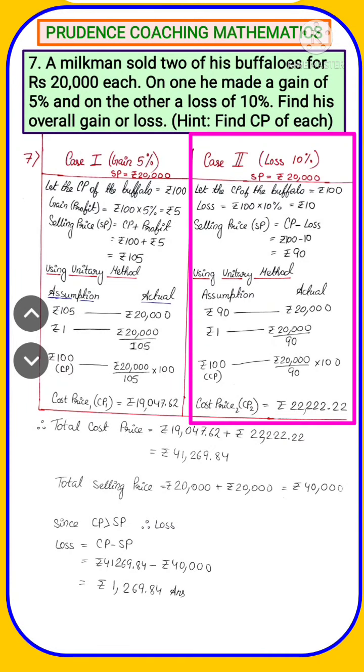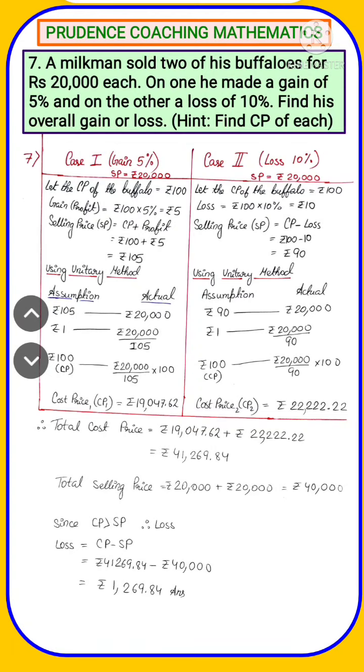So here, as you can see, we have assumed the cost price of the buffalo to be 100 as I have mentioned. Now here we have a loss, that is 10%. So rupees 100 into 10%, you are getting rupees 10 as your loss. Now as it is a loss, therefore selling price will be cost price minus loss. So cost price was 100, 100 minus loss, you are getting here 90. So our assumption is completed.